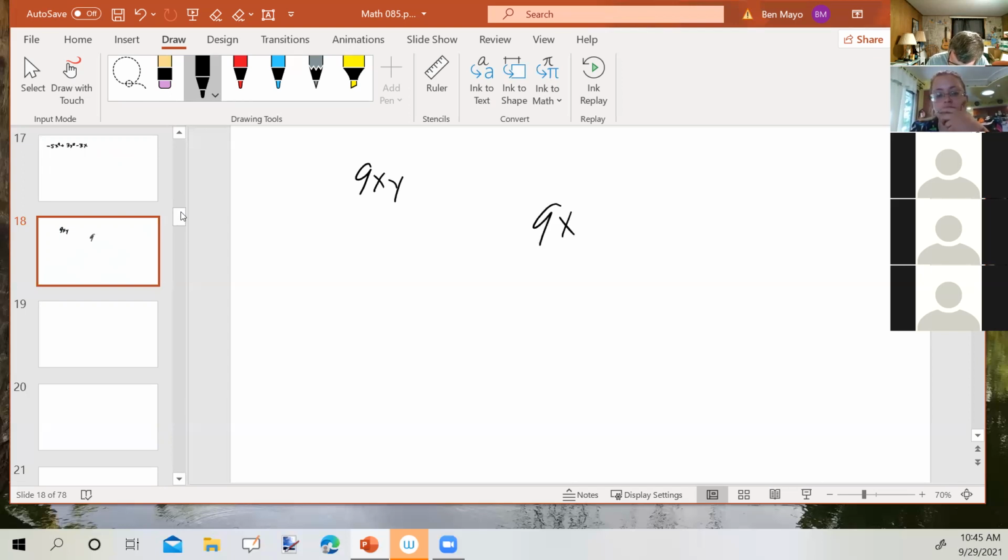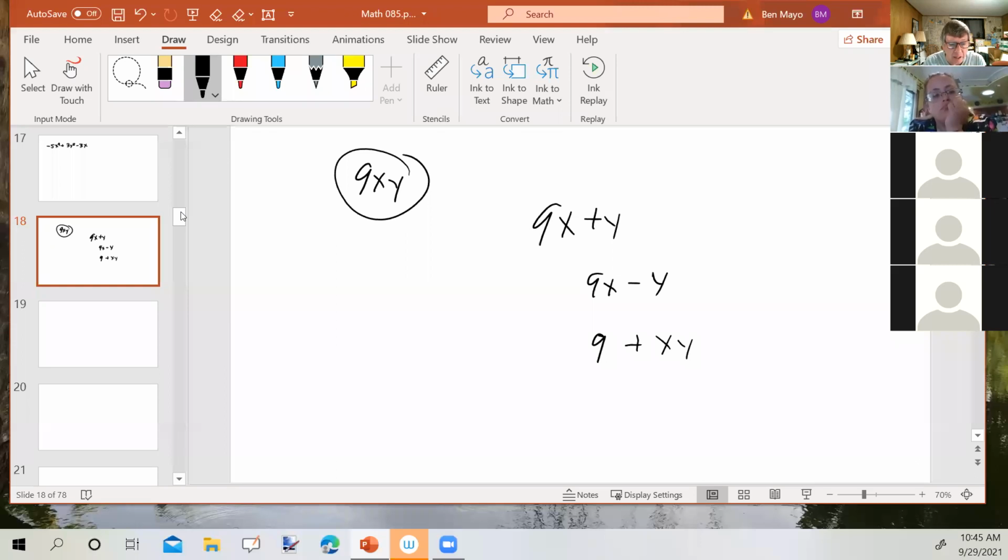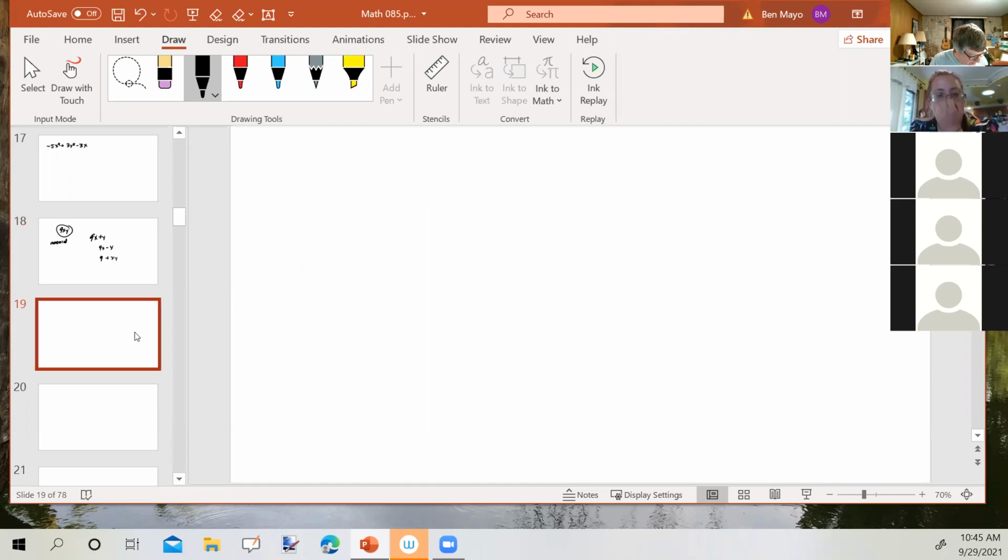If this was 9x plus y, or 9x minus y, or 9 plus xy, that would be a binomial. But the whole thing is being multiplied together. Nothing's being separated by addition or subtraction. So this is just a single term. Okay with that? All right. How about this one?